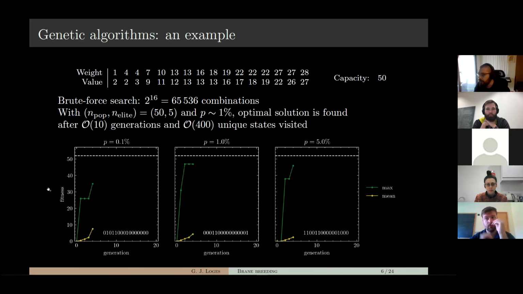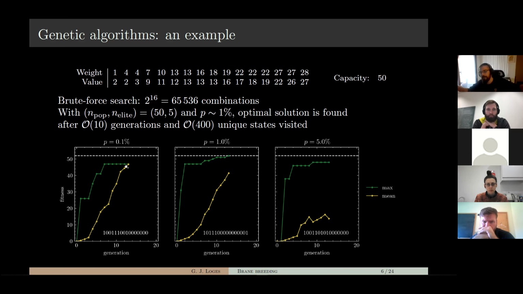But what we see is if your mutation rate is too slow, or too low, I should say, we go just a little bit further. On the left, with very few mutations, your maximum fitness, your best individual, and the average fitness, your typical member of the population, are basically identical.